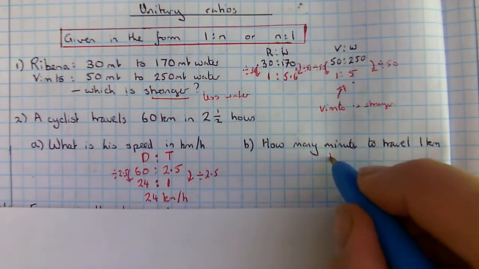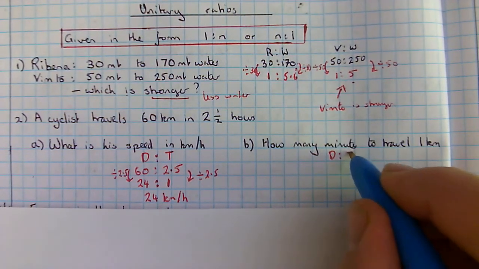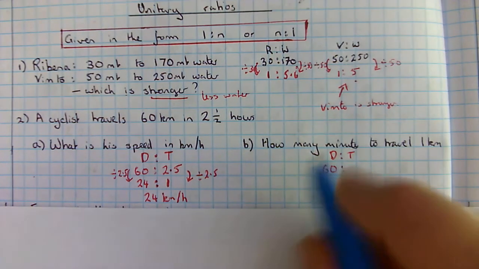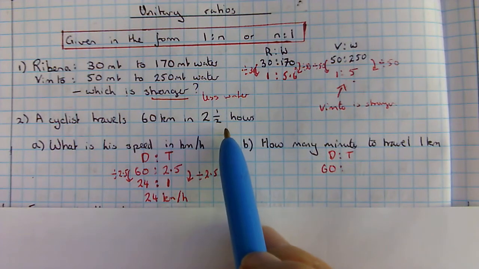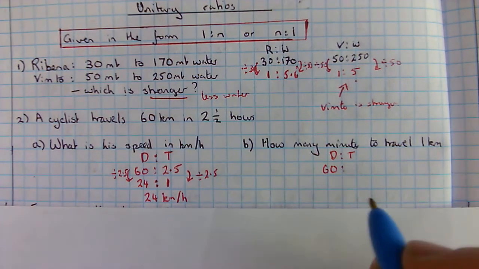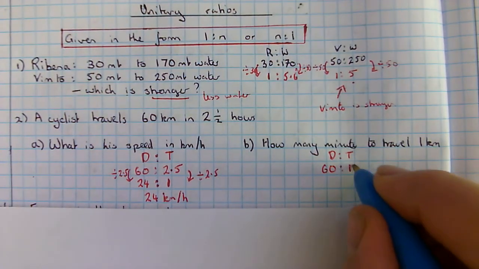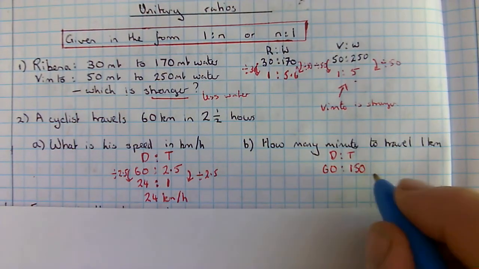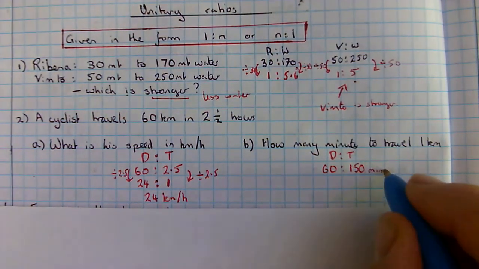Well, again, I'm going to set it out as my distance and my time. It's 60 kilometres in. Now, I'm going to change this 2.5 hours into minutes. So 60 minutes in an hour, so 120 minutes in 2 hours, plus 30 is 150 minutes. So 60 kilometres, 150 minutes.